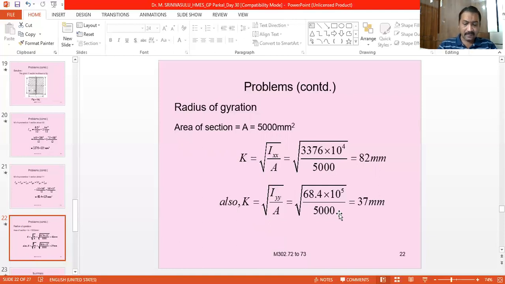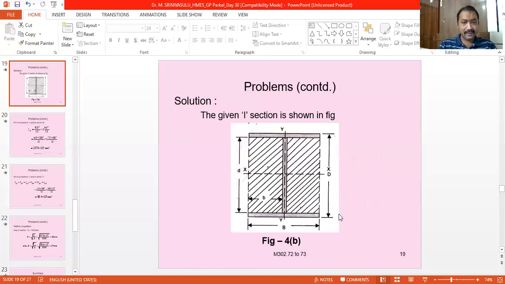In this problem, we have used a different method to find out the moment of inertia of the given symmetrical I section: the rectangles method, in which the moment of inertia of the two smaller symmetrical rectangles is subtracted from the bigger rectangle with the proper dimensions.